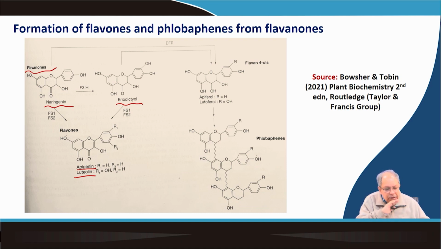Apigenin and luteolin are basically the flavones made by the action of flavone synthase, and you see the difference is pretty small, only the hydroxyl at the R1 position makes luteolin. These flavanones can also be converted into flavonols by dihydroflavonol reductase.